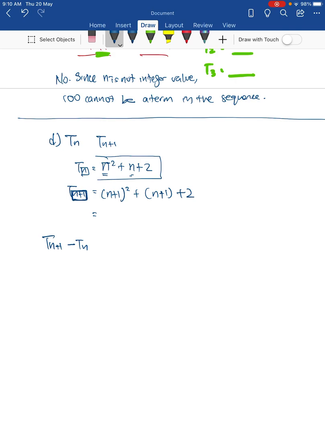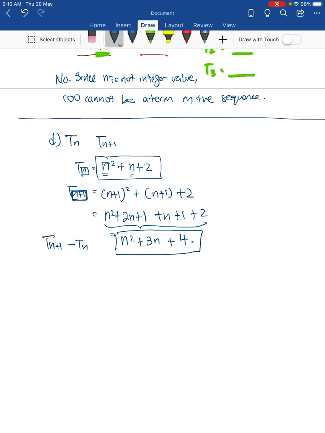We already have Tn, so what we need to find is Tn plus 1. So this will be n squared plus 2n plus 1 plus n plus 1 plus 2, and we simplify, that will give us n squared plus 3n plus 4. Okay, so this is the second term, Tn plus 1.